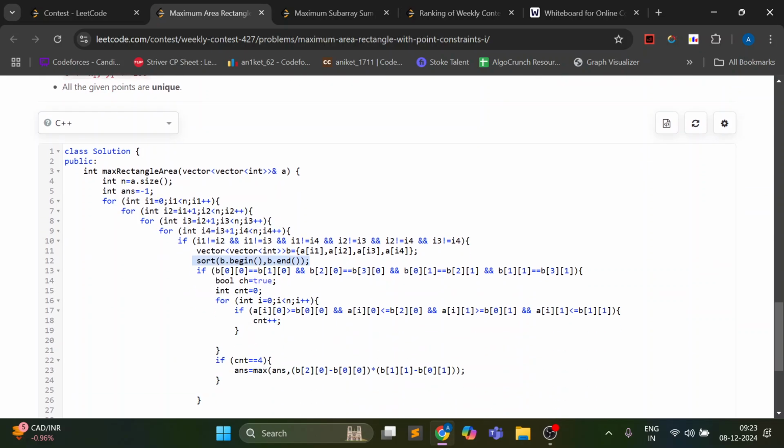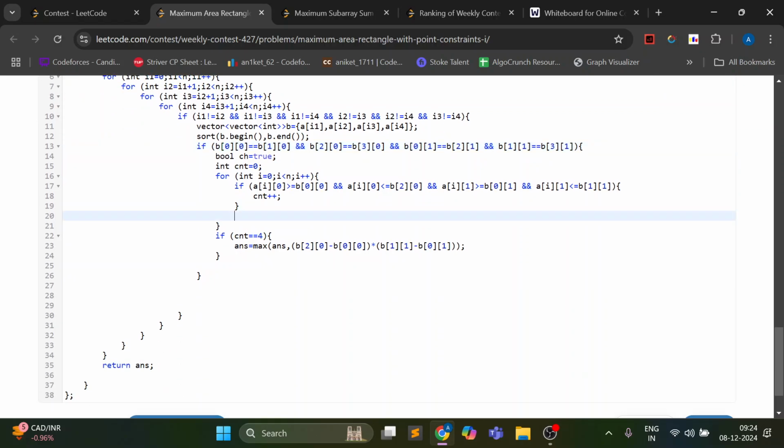Then I'm checking all those conditions. First element's x coordinate and second element's x coordinate are equal. Similarly, third and fourth x coordinates are equal. First and third's y coordinate are equal, and second and fourth's y coordinate are equal. If they are equal, at least we can form a rectangle.